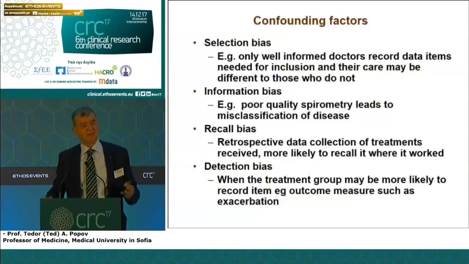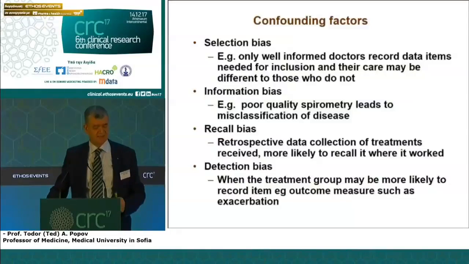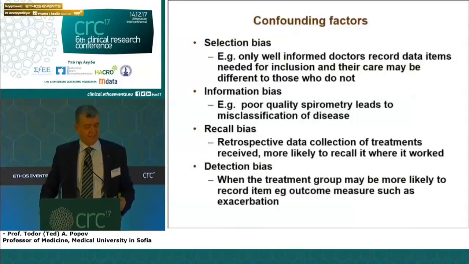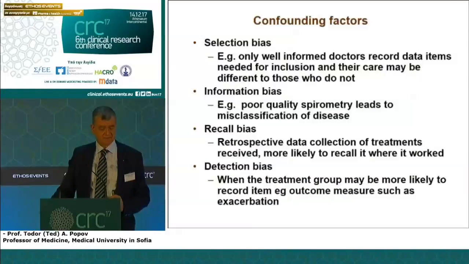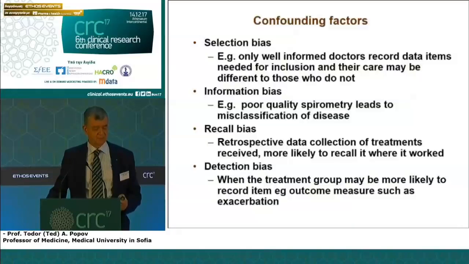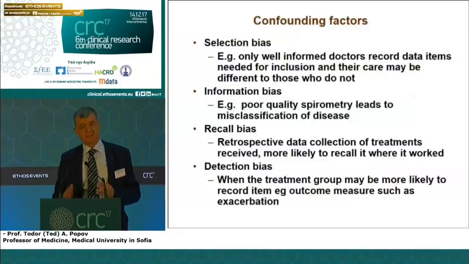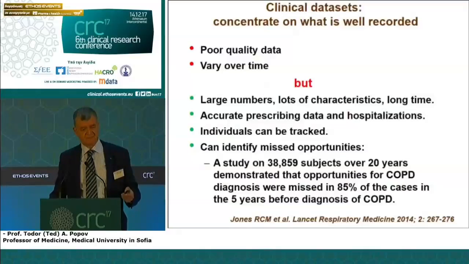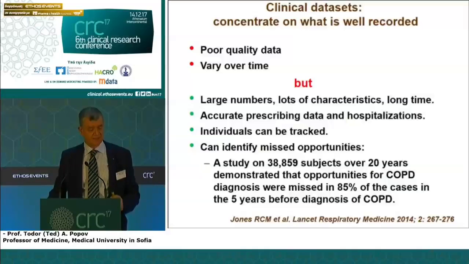Recall bias, when you want to have some retrospective data announced by the patients, is a big problem sometimes. Detection bias is something when you can't allow for the treatment group to be compared to the placebo group or the comparator.